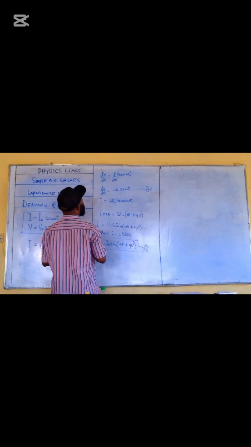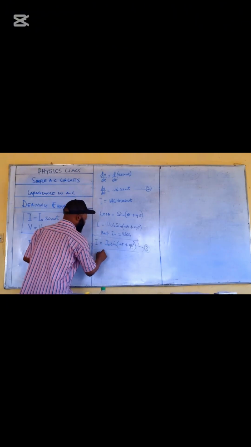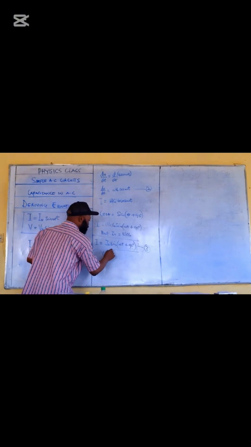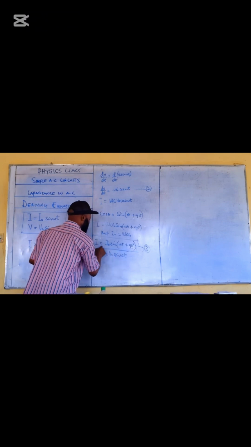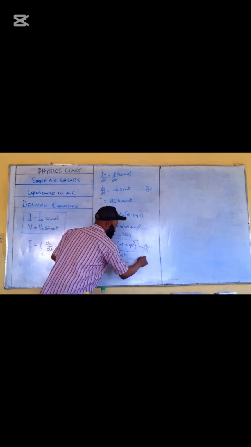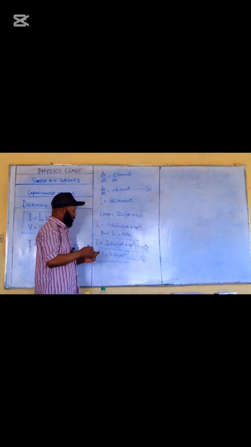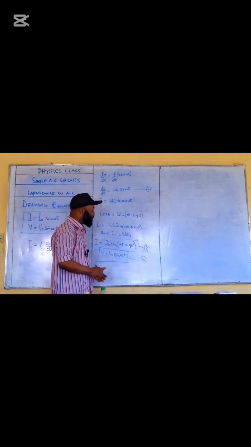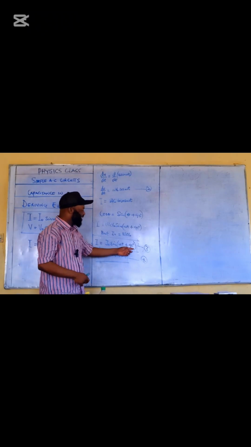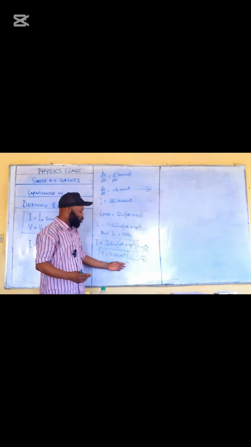We said instantaneous voltage is still V is equal to V naught sine WT. Call this equation 4. So instantaneous voltage remains what it is. This actually explains that the current leads by 90 degrees, as we explained in the previous class.